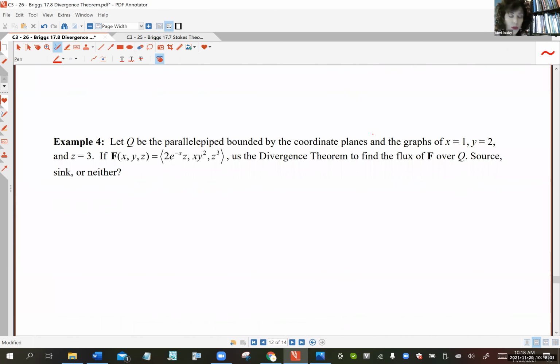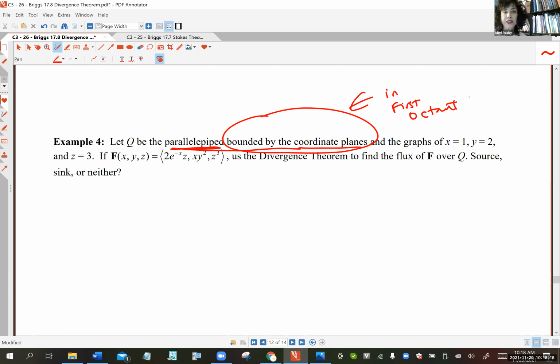So let's just take a look at the way they're giving it to us. They're telling us that this parallelepiped is bounded by the coordinate planes. Immediately, that should tell you we're in the first octant. So those are going to be some of the sides of the solid. And then it's also bounded by 3 planes. Well, a plane x equals 1, which is the vertical plane that cuts through the x-axis at 1.